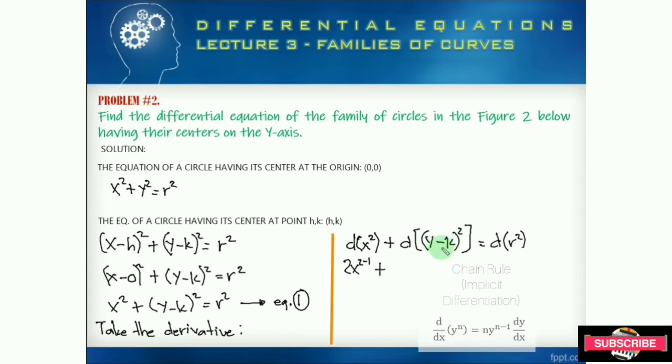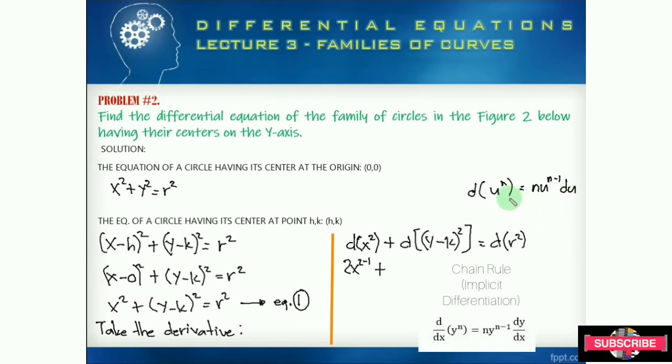So I hope you can still remember from your previous subjects how to take the derivative of this form: the derivative of u to the n is simply equal to n times u to the n minus 1 times the derivative of u.